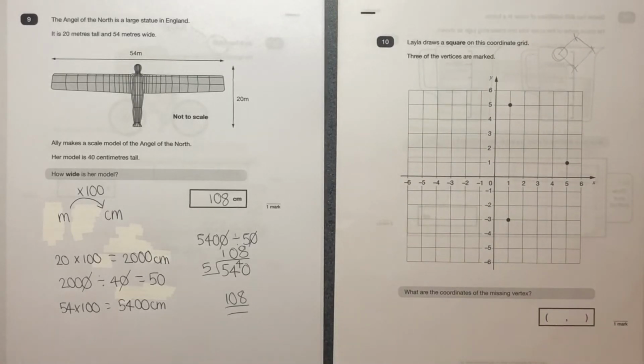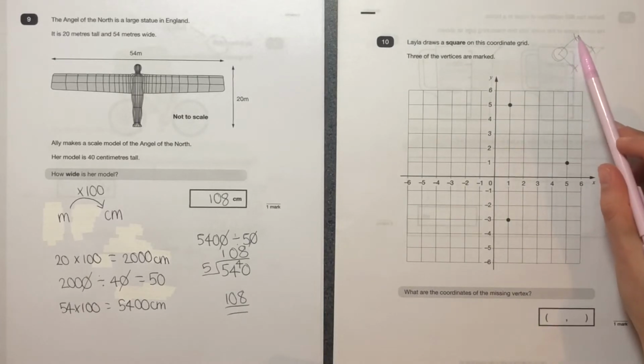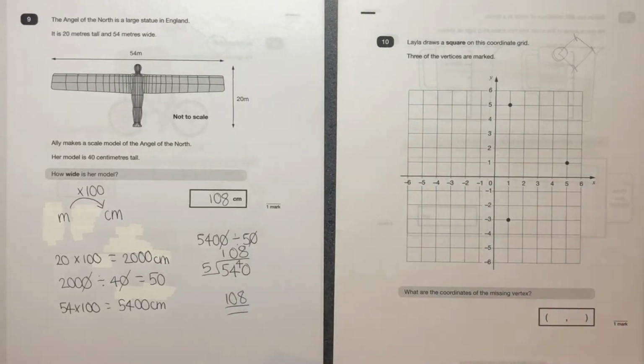Now, we know that a square has all equal sides. That means that the distance from here to here is the same as here to here, here to here, and here to here. To work out our missing vertex, we're going to count how many squares it gets to go from here to here.